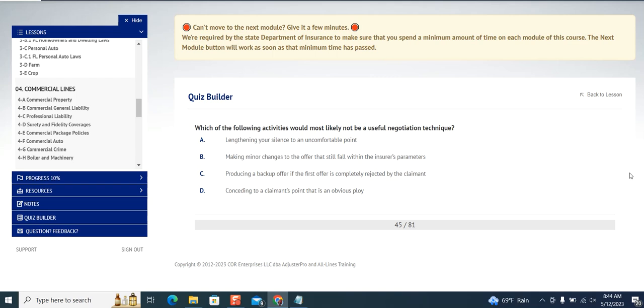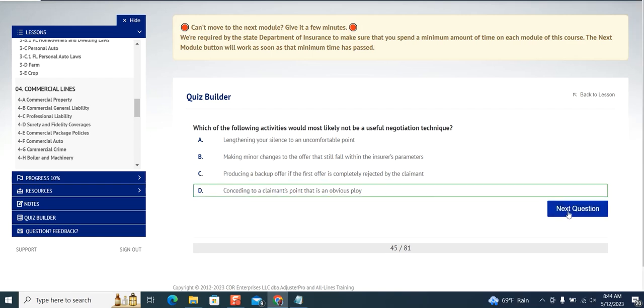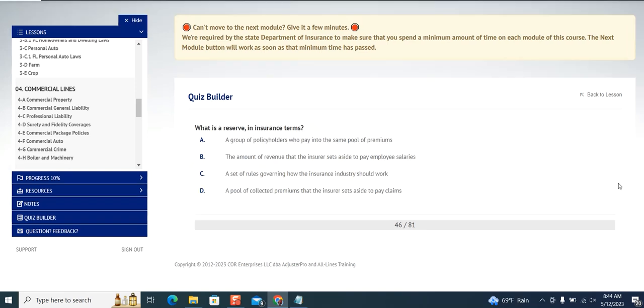No, producing a backup offer if the first offer is completely rejected. No, not sending to a claimant's point that is. We're gonna go with D. Yeah, going back and forth with anybody is a bad technique. Can't be going back and forth with these people out here. You be done slap somebody.